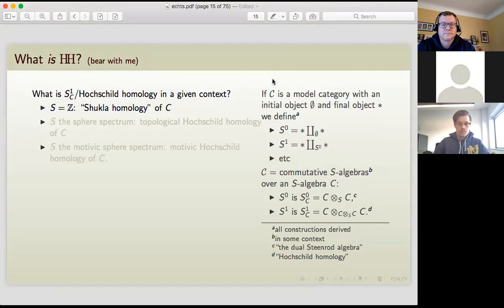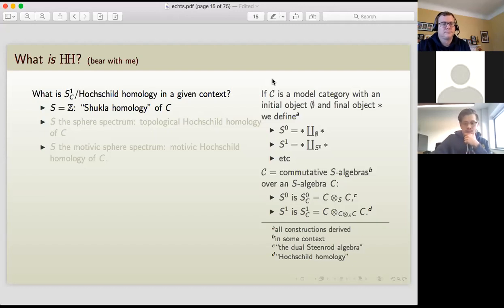So if S is the integers, so the context then is abelian groups or something like that, then Hochschild homology is often called by some people Shukla homology or derived Hochschild homology.